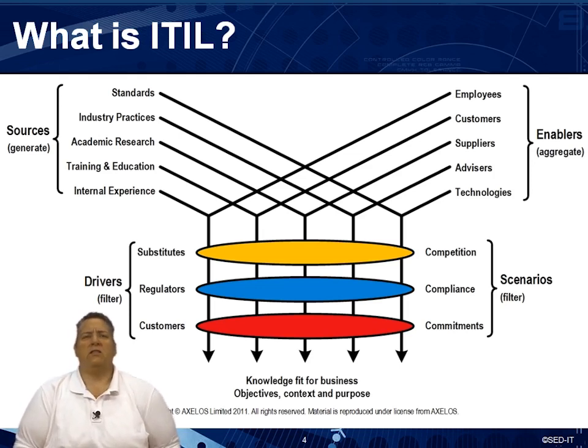So best practices are going to come from international standards, industry practices, academia, training and education developments, internal experience. Those are all going to be my sources. But then my enablers of those best practices obviously are going to be my employees, the customers, the suppliers, advisors, and the various technologies.